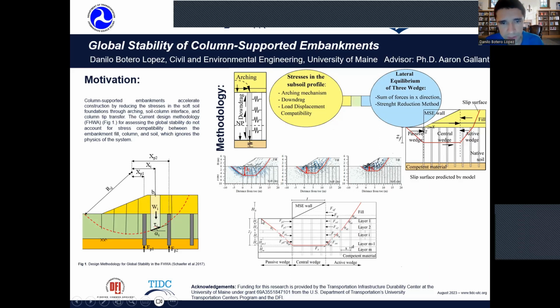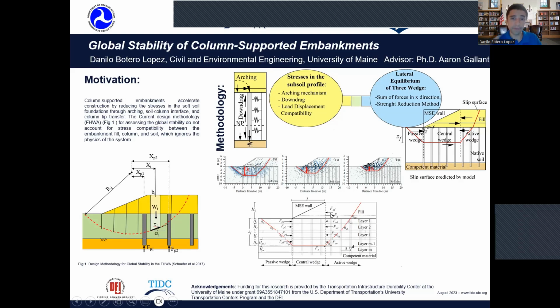And as you can see in the results, this method can be used for different geometries, and we can determine the factor of safety. So how we determine the factor of safety is we have these vertical stresses, and we can compute the horizontal stresses using a limit equilibrium method, which is the Rankine or Coulomb methods. And then if we use the sum of forces, we can satisfy the lateral equilibrium.